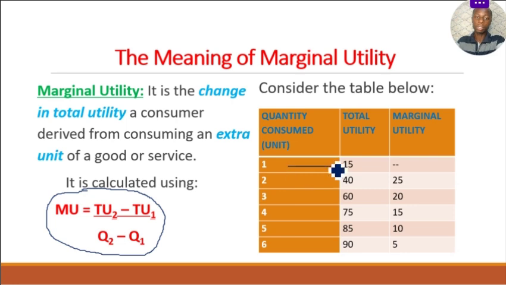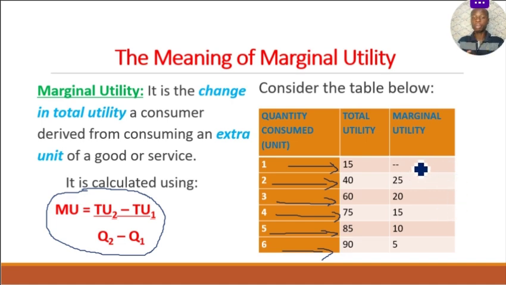At Q1 the total utility derived was 15 utils, at Q2 40 utils, at Q3 60 utils, at Q4 75 utils, at Q5 85 utils, and at Q6 it is 90 utils. To calculate the marginal utility, you need this information of both the quantity and the total utility.